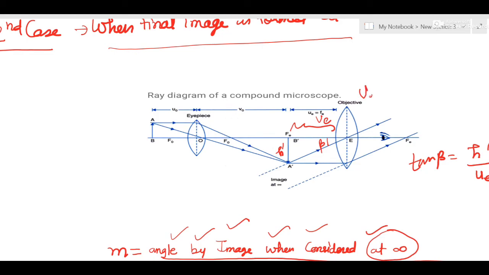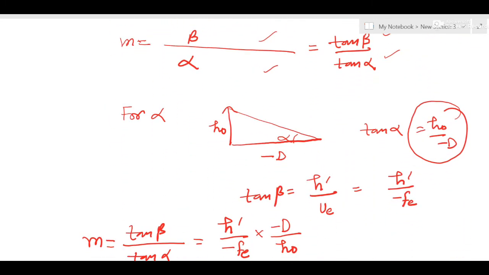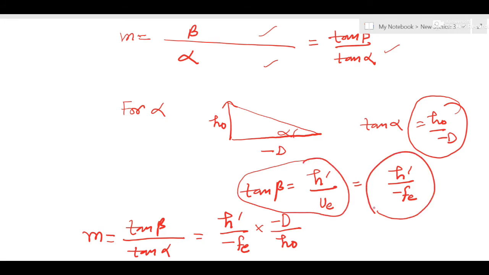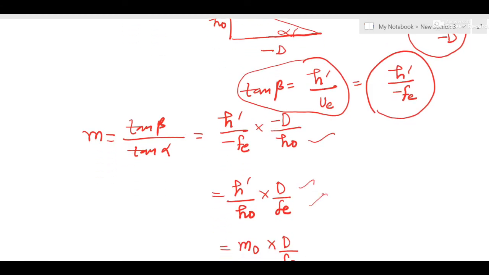And ue is by chance the focal length. That is why the image is formed at infinity. So we are ready with tangent beta, which is perpendicular by base. Base can be written as ue, but can be replaced by ue is equal to minus f. So we'll substitute tangent beta, which can be written as this. So on substituting both, we are getting this kind of situation.